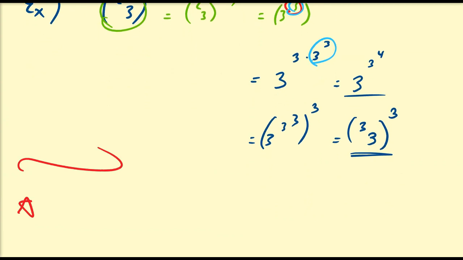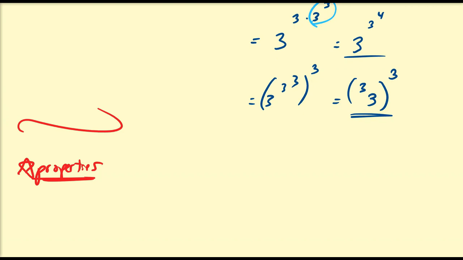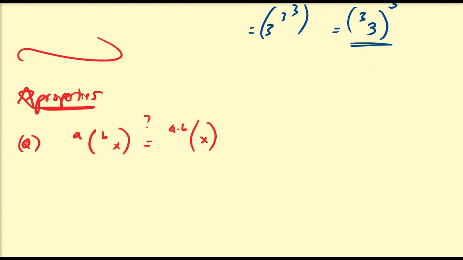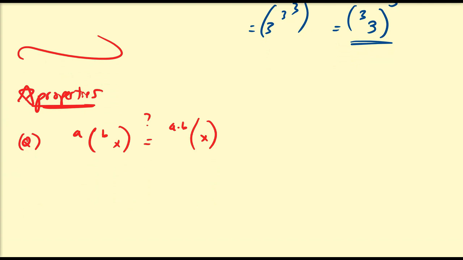So a question that you may ask is, do tetrations follow properties like exponents do? So question: is the a-th tetration of the b-th tetration of x equal to the a times b tetration of x? Is this true? We can do an example just to test it, to get an idea before you try proving something that's not true.